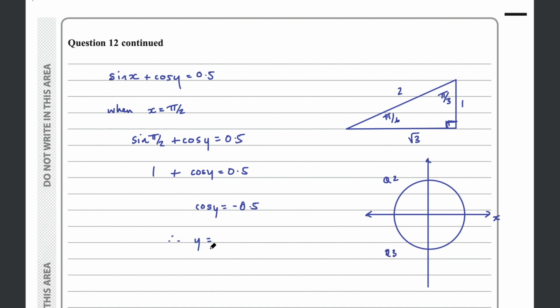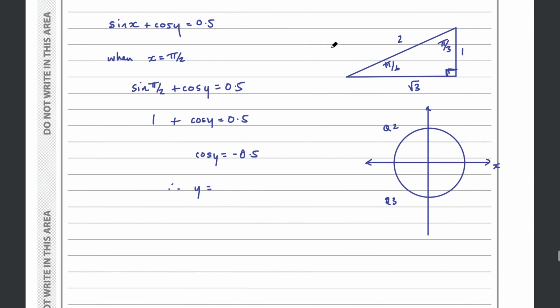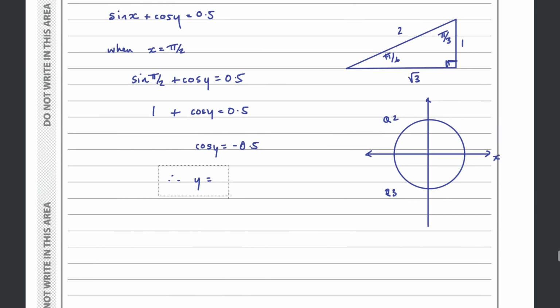So this, pi on 3, is our reference angle. So I should write that down actually. So let's move this down here. So let's say our reference angle equals pi on 3. And we've already said we're talking about quadrant 2 and quadrant 3.